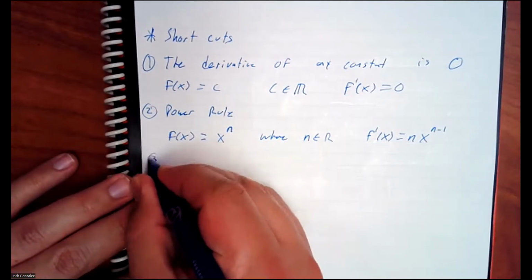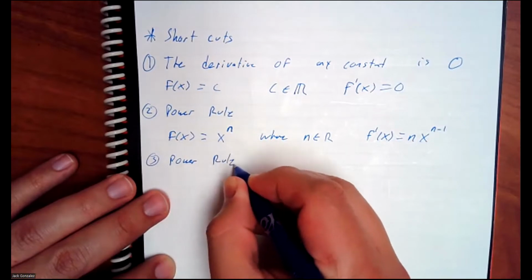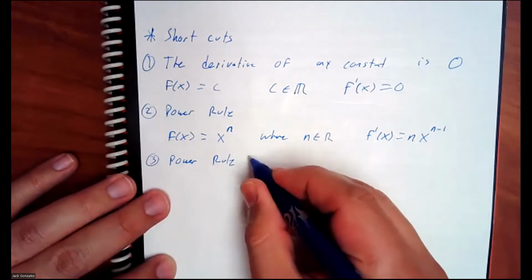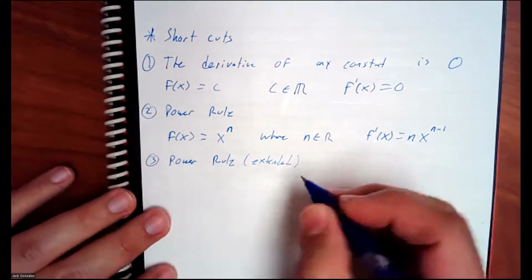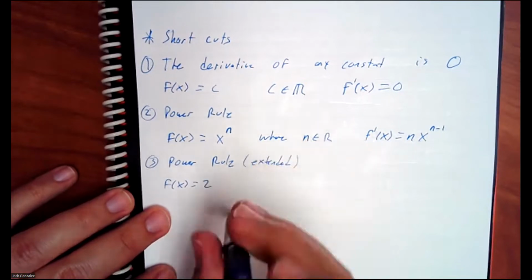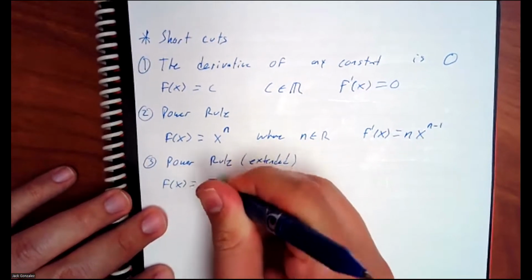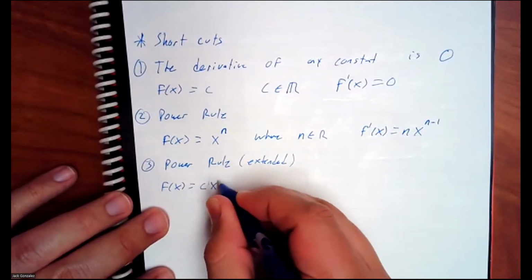One more rule. Our rule, I guess, extended. Let's say you had a number in front, 2x. Well, let's use a variable. Let's say you had c x to the n.